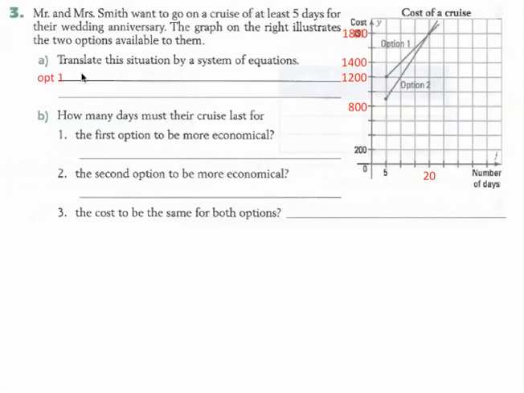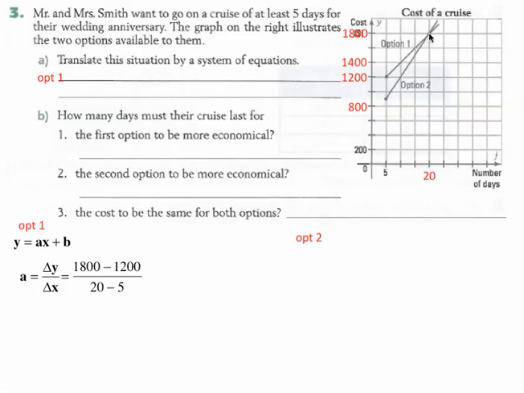All right, so translate this situation by a system of equations. So option 1, I'm going to figure that out down here. So y equals ax plus b. The a is delta y over delta x, and we're looking at these 2 points here. Starting off for option 1, we're going to say this is our point 2.